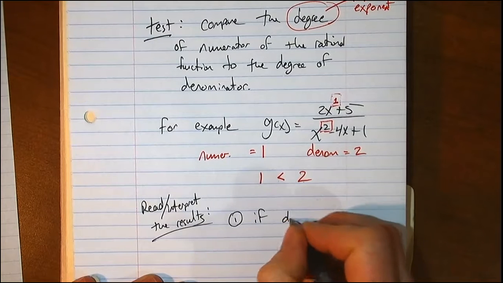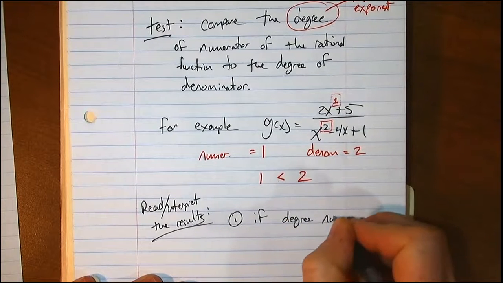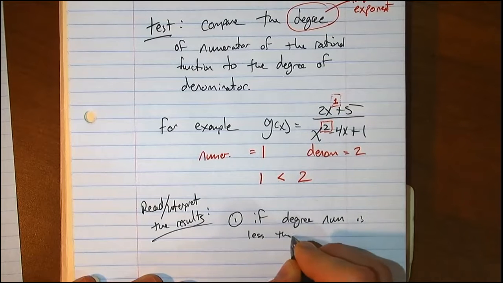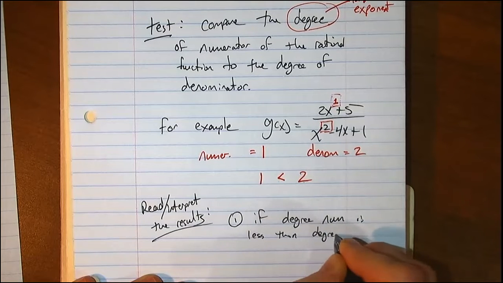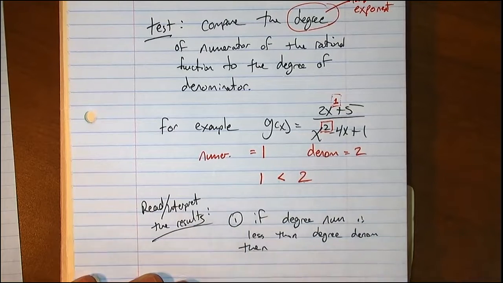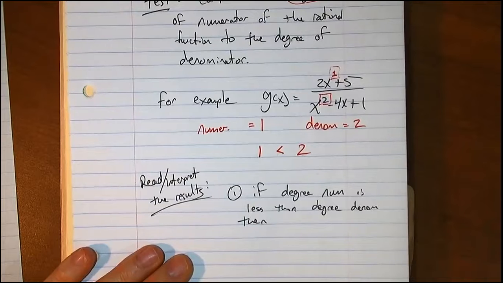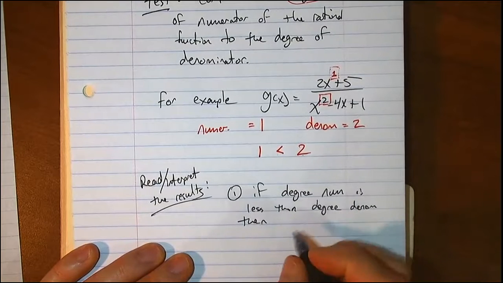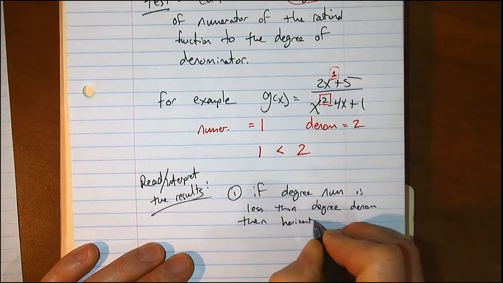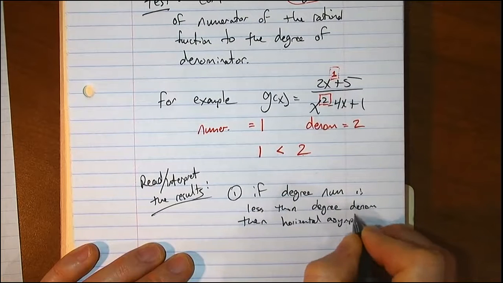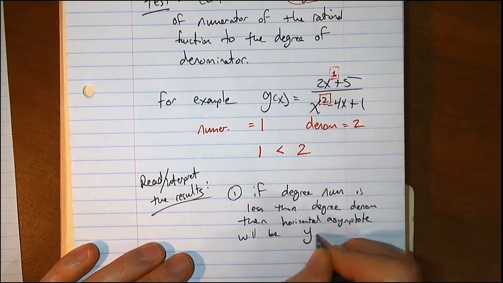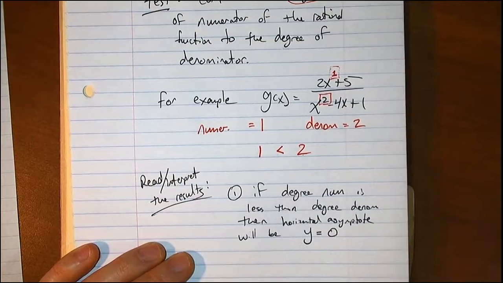If the degree of the numerator is less than the degree of the denominator, then the horizontal asymptote will be y equals 0.